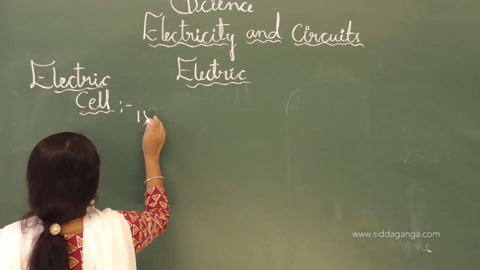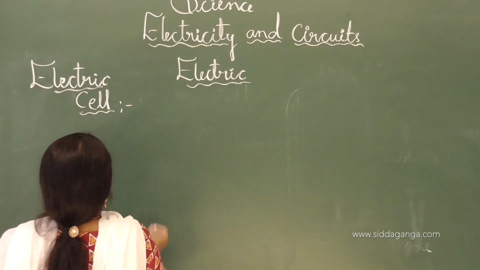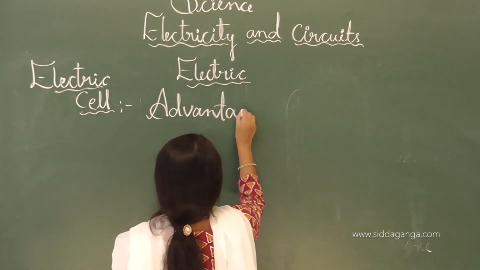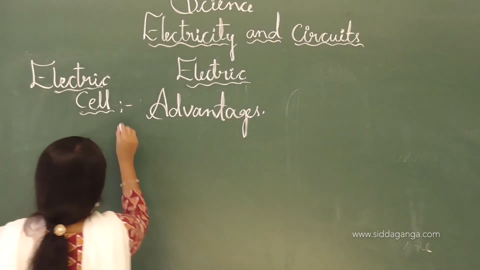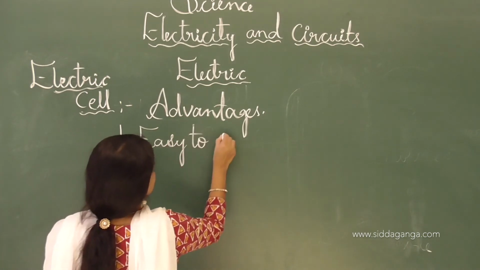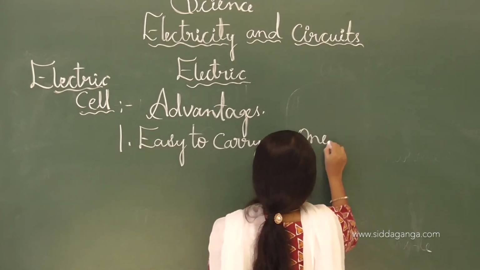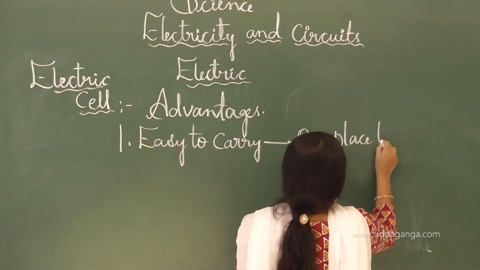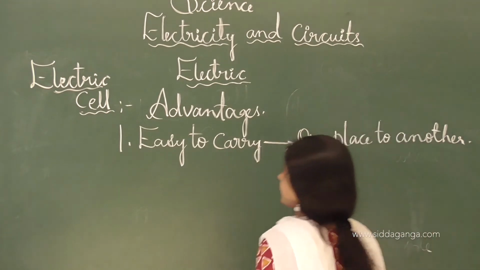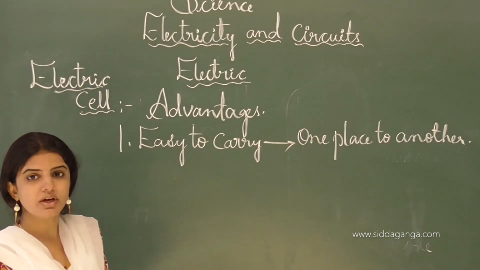The first advantage of a dry cell is that it is very easy to carry from one place to another place.